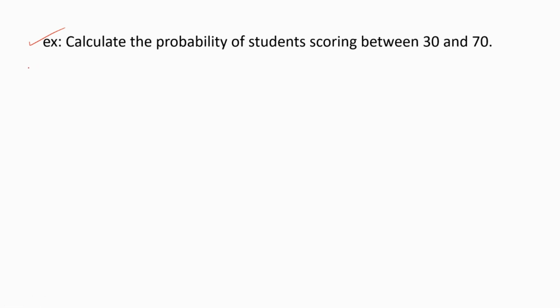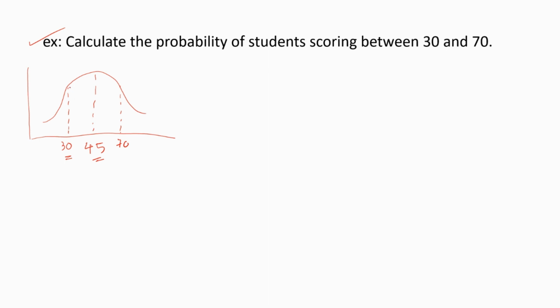First of all, let's draw the bell curve. This is the bell curve. Mean value is 45. They are asking between 30, 30 is here, and 70, 70 is here, because 70 is higher than 45 and 30 is lower than 45.